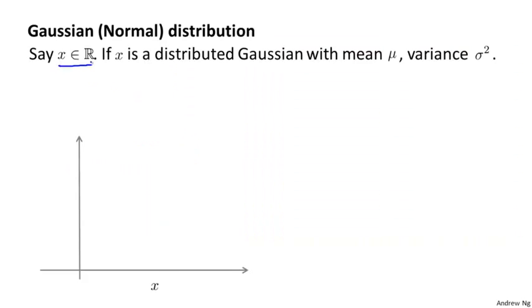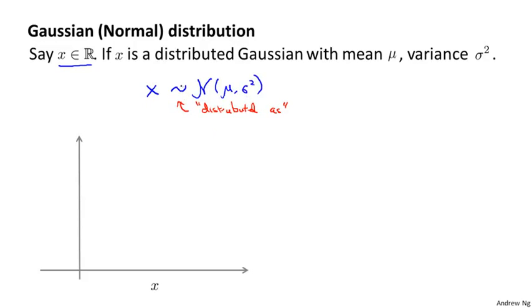Let's say x is a real-valued random variable, so x is a real number. If the probability distribution of x is Gaussian with mean mu and variance sigma squared, then we'll write this as x, the random variable, tilde, that's this little tilde, read this as "is distributed as", and then to denote the Gaussian distribution, we're sometimes going to write script N parentheses mu comma sigma squared.